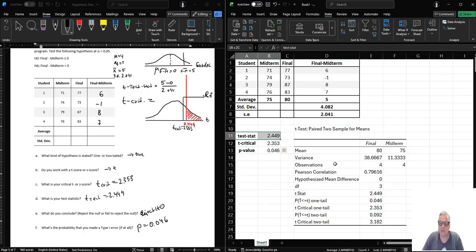Our test statistic is 2.449, you see that here, and our probability that we made a type 1 error is 0.046, which you also see here.